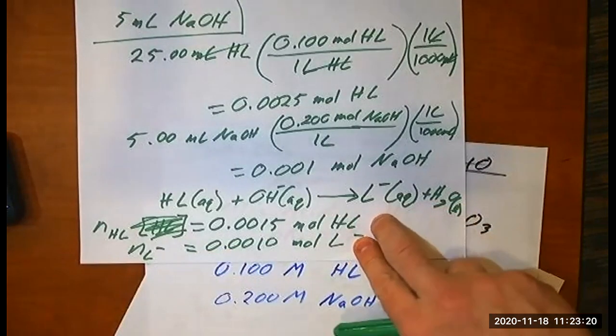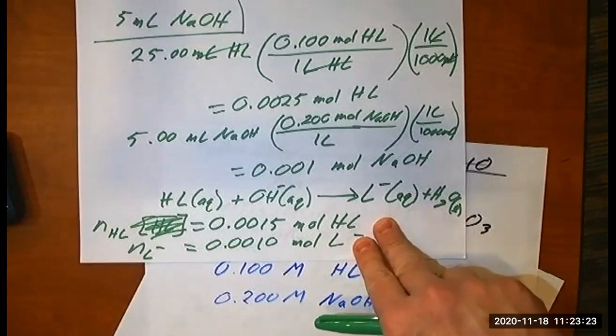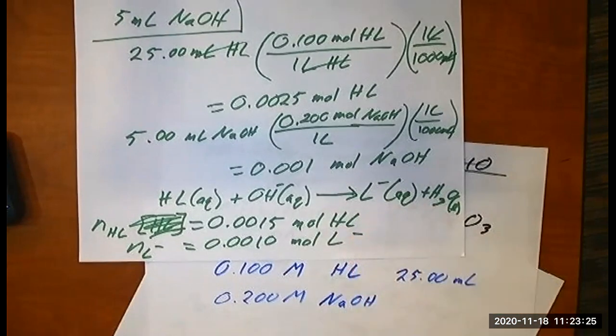The question at that point then is, what do you do with that information? If they are within the 9:1 to 1:9 range, you use Henderson-Hasselbalch. If they're outside of that range, but you still have some of both, then you use an ice table. If you have so much base that's been added that you have passed the equivalence point so that there's no HL left, then you just use that extra amount of base.